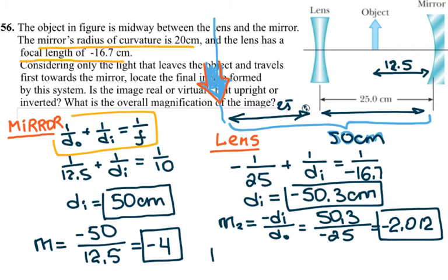And the total magnification of the object is going to be the product of both of them, 1 and 2. So it's negative 4 times negative 2.012. I'm not going to write this part, I'm just going to write the answer. So that is going to be 8.04.